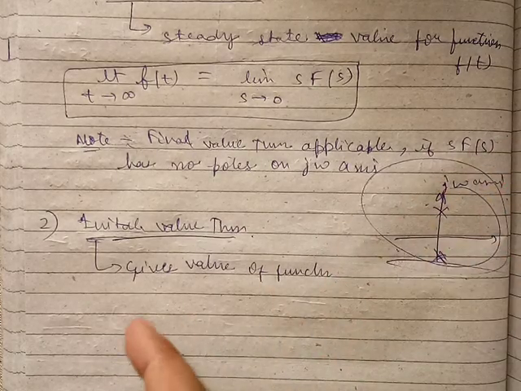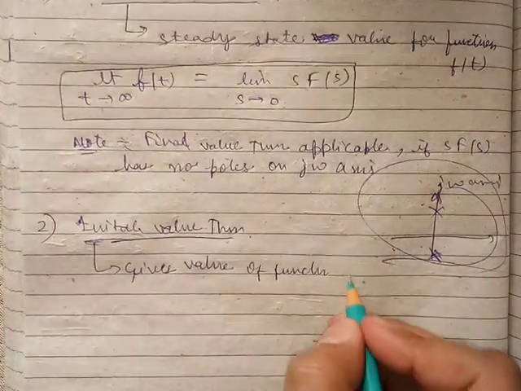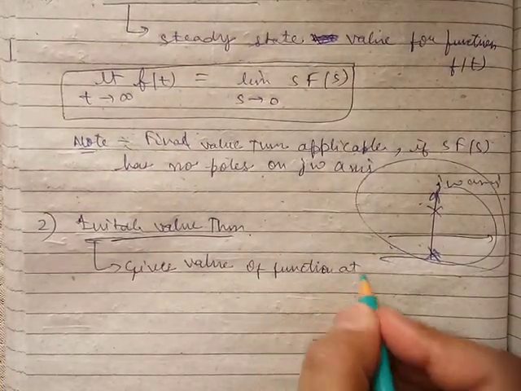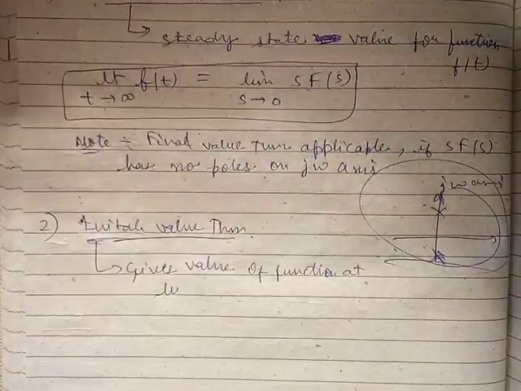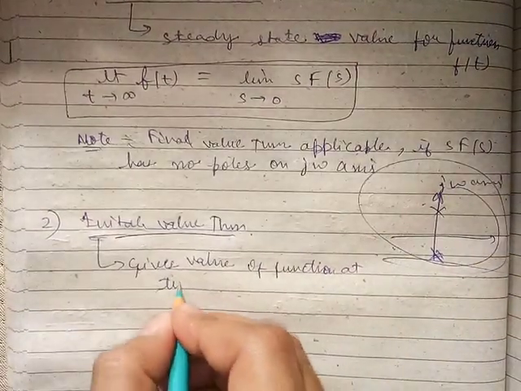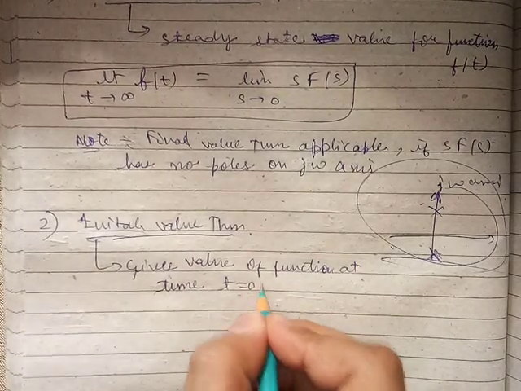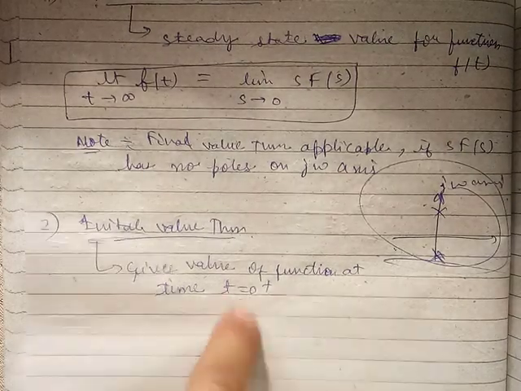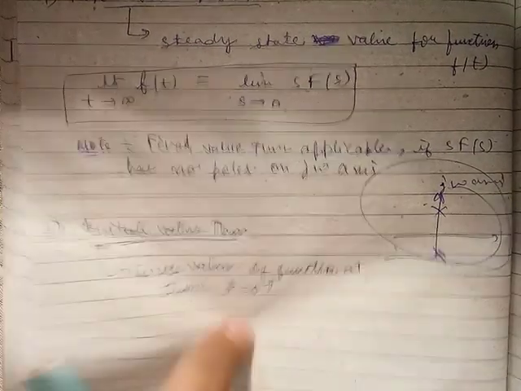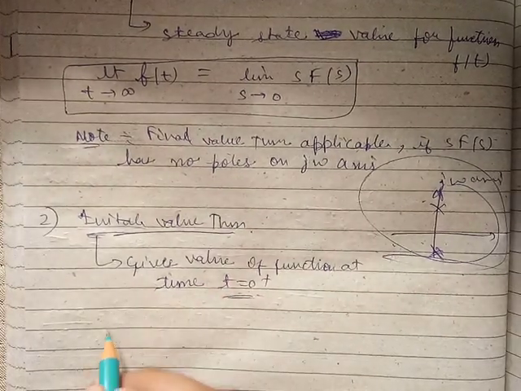Now the initial value theorem gives the value of function at time t equals to 0 plus, and not at time equals to 0, not time less than 0. This is the important condition I'm telling you here.